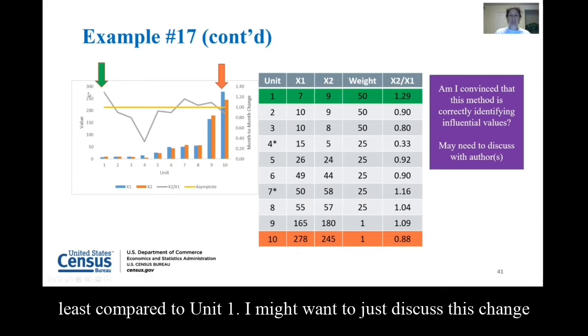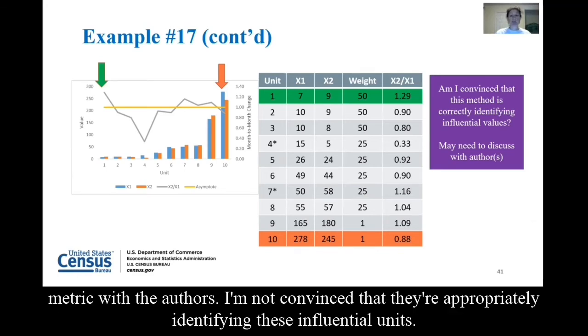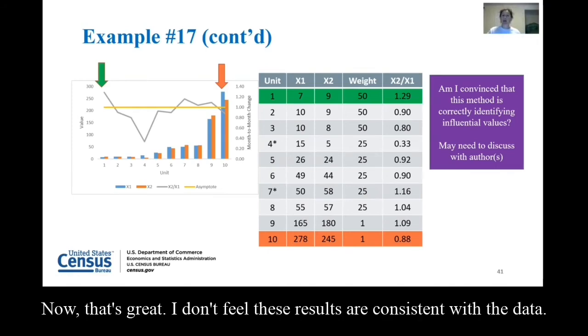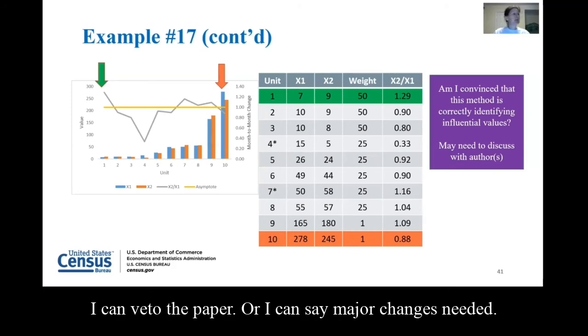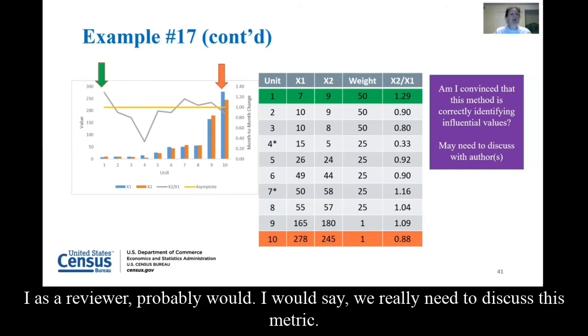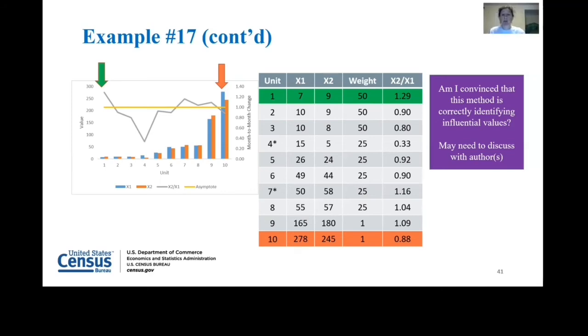I might want to just discuss this change metric with the authors. I'm not convinced that they're actually appropriately identifying these influential units. Now, that's great. I don't feel these results are consistent with the data. I can veto the paper. I can say major changes needed. I, as a reviewer, probably would. I would say we really need to discuss this metric.